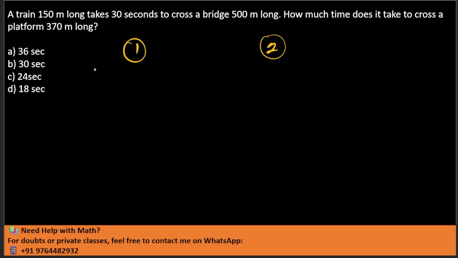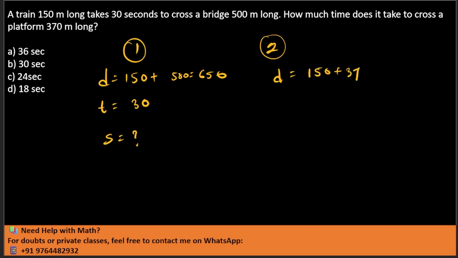Here the distance is equal to 150 plus 500, that is equal to 650, and the time taken is 30 seconds, and speed we need to find. And here the distance is, because the same train is crossing this platform, we have to take this length only, 150 plus 370, that is equal to 520.